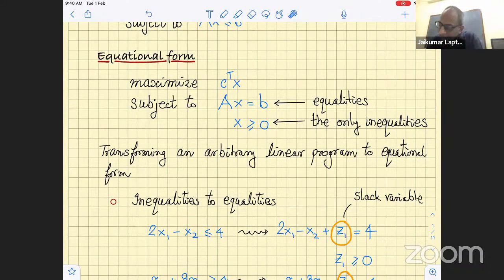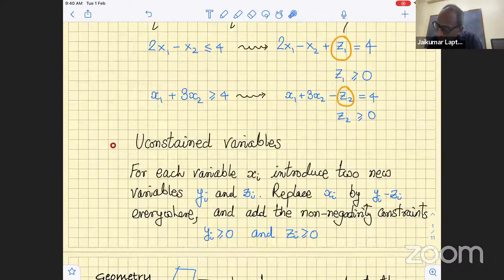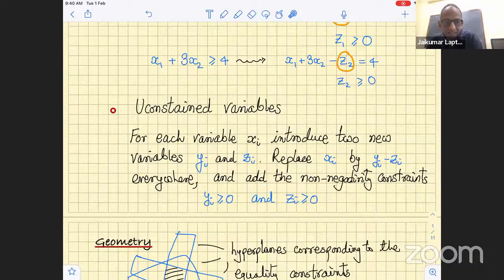And now you impose the non-negativity constraint on yi and zi. You had the old linear program where xi was unconstrained. You have a new linear program in equational form where that xi has been replaced by yi and zi, and yi and zi have been set to be greater than 0.